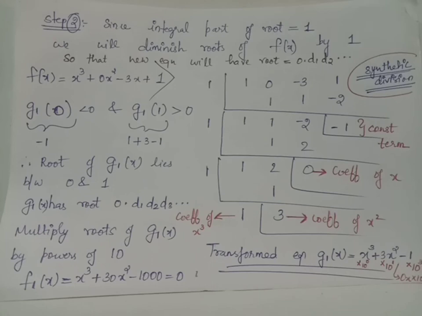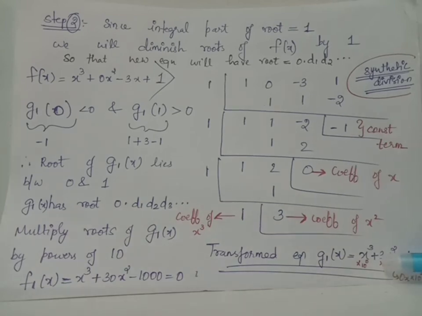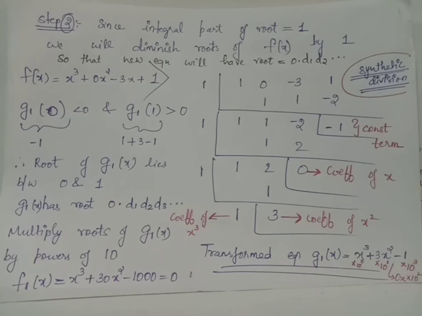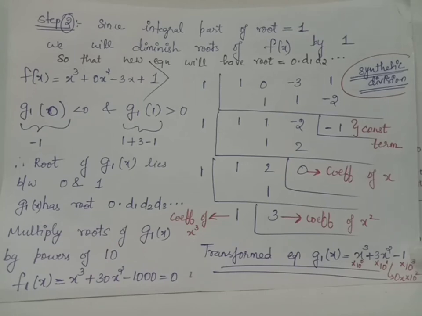When you multiply powers of 10 to the equation g1 of x, it is equivalent to multiplying 10 to the root of g1 of x. Powers of 10 are multiplied such that 10 raised to 0 is multiplied to x cube, 10 raised to 1 is multiplied to 3x square, we have 10 square multiplied to 0x and 10 cube multiplied to the constant term minus 1.